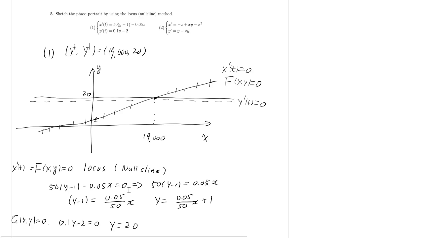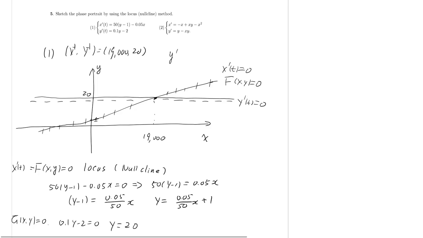Okay. After we finish this, we are now going to add directions, so-called arrows. Let's look at the vertical ones over here. This point over here is 20. So for values above this line, y is bigger than 20. If y is bigger than 20, then y prime of t over here is positive.